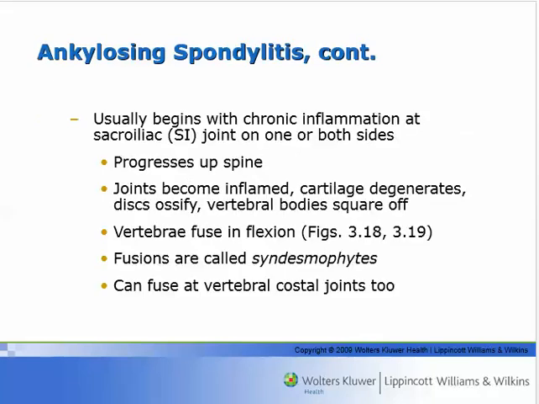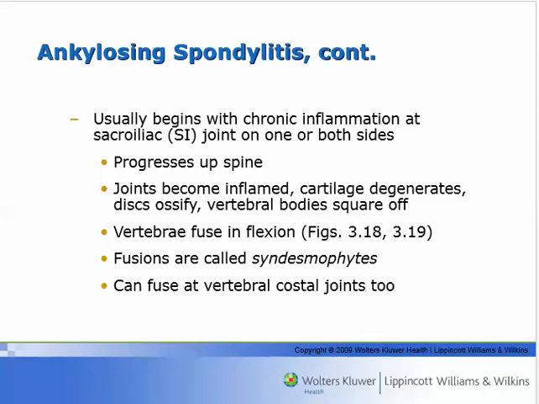It's this chronic progressive inflammation, and it usually starts in the SI joints. It usually starts down low. You know, a third have symmetric involvement of hips and knees, but it starts down low.